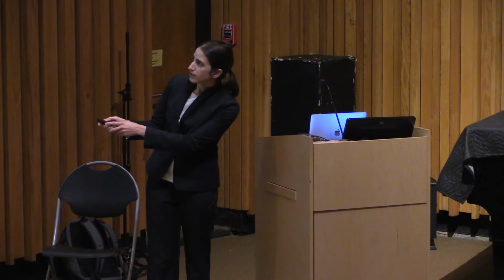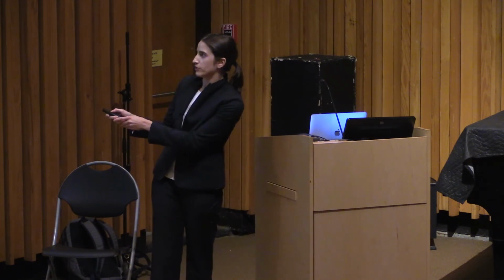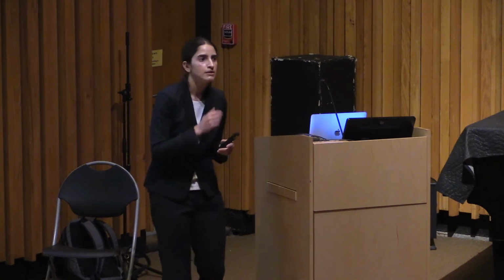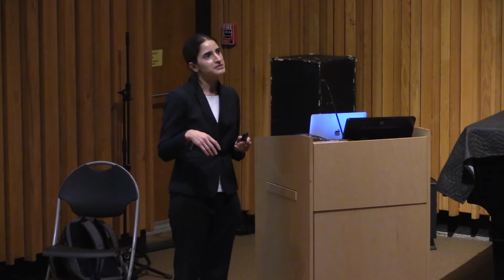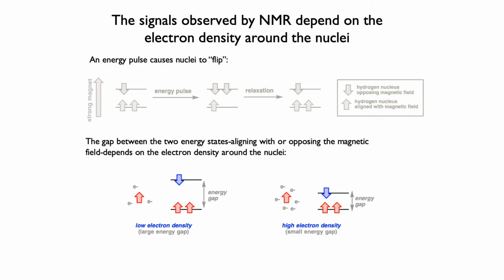When there's a lot of electron density around a particular nucleus, then that gap is smaller. It's because electrons have their own little magnets, and those magnets tend to oppose the magnetic field, so it affects the relative strength of the magnet, and by extension affects that energy gap.